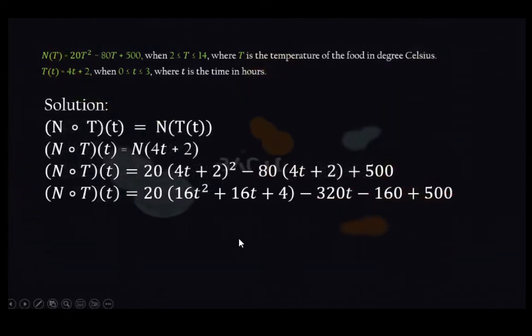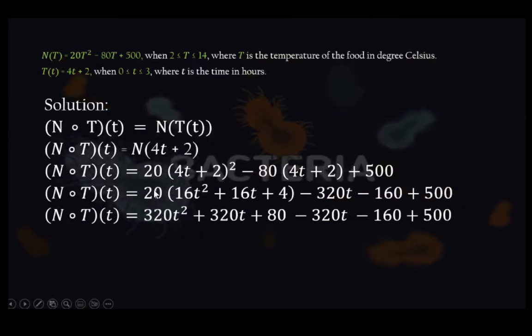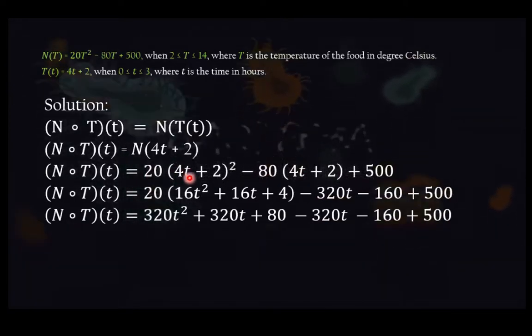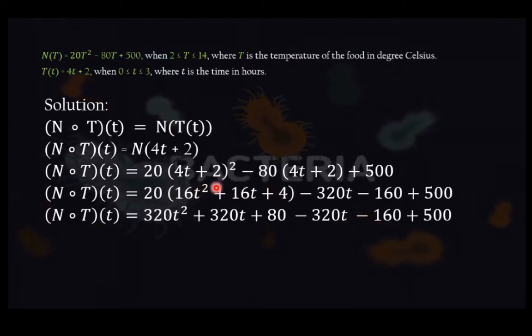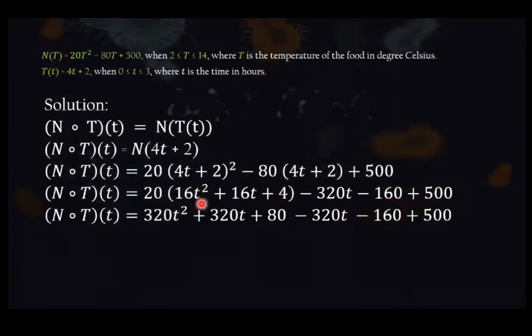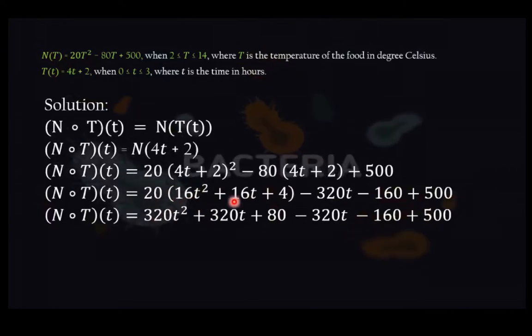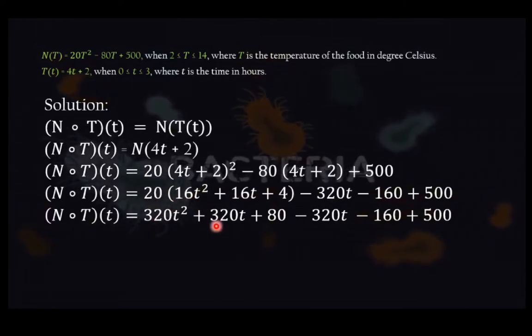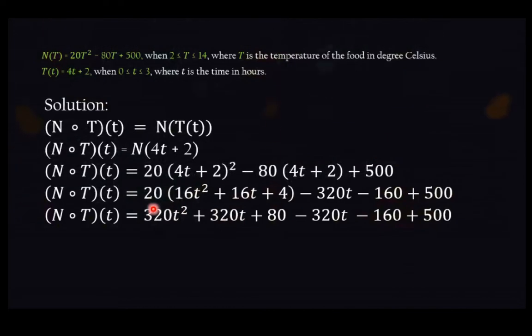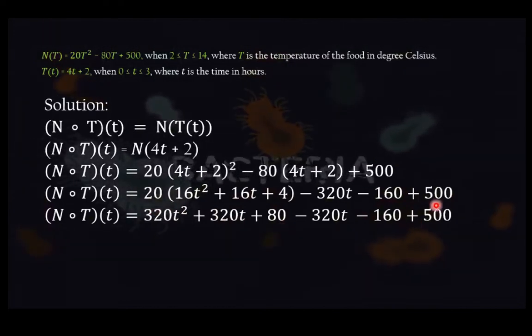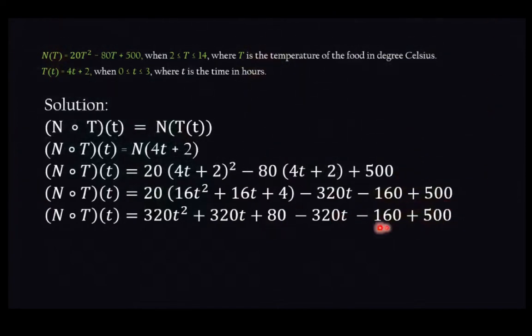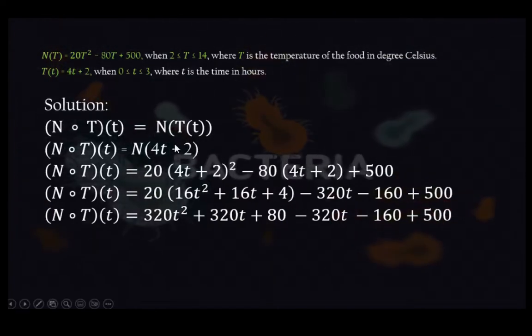We are not done yet. We still need to distribute 20 to these three terms. So, 20 times 16t squared is 320t squared. 20 times 16t is 320t. And 20 times 4 is 80. Then we bring down the remaining terms and combine like terms.